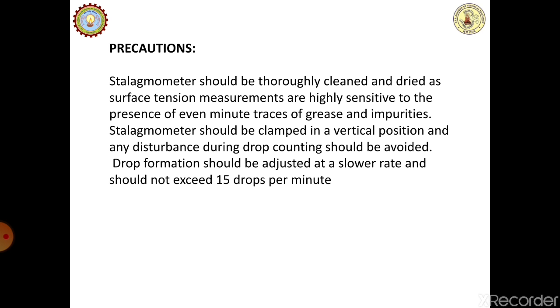I already told you that because of impurities, surface tension may vary. That is why you have to take this precaution. The stalagmometer should be clamped in a vertical position, and any disturbance during drop counting should be avoided. Drop formation should be adjusted at a slower rate and should not exceed 15 drops per minute.